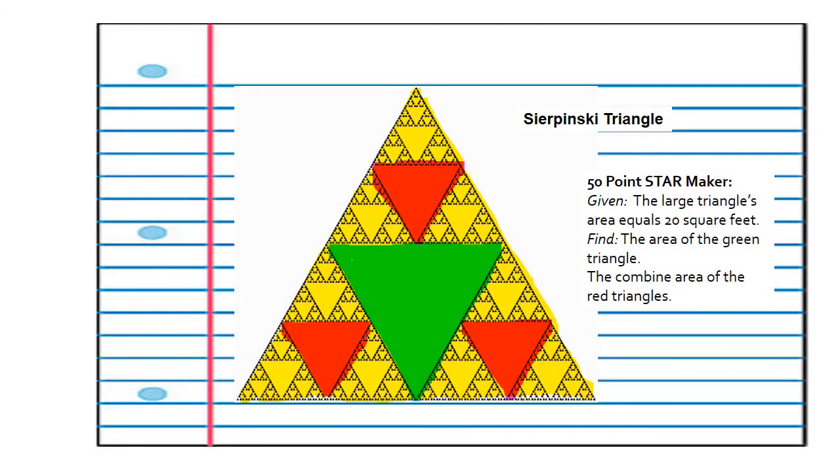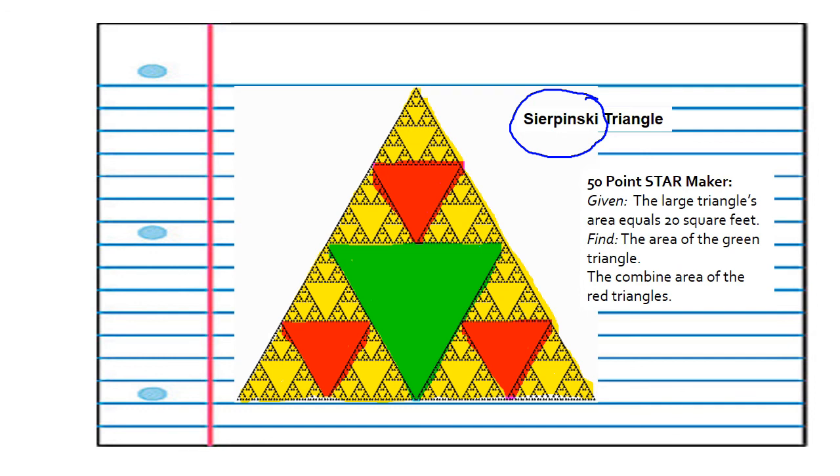All right, here's a 50-point star maker. And if you remember, star points are awesome. And you want to make as many star points as possible. Here's a great way to start your new year off. We have a Sierpinski triangle here, and you're given that the large triangle's area, that's the total one in yellow here, equals 20 square feet.